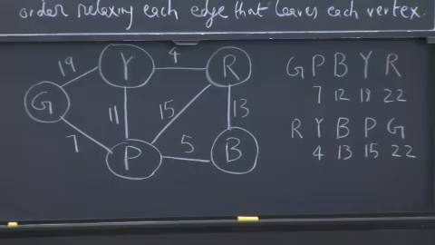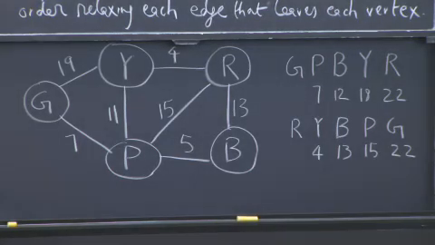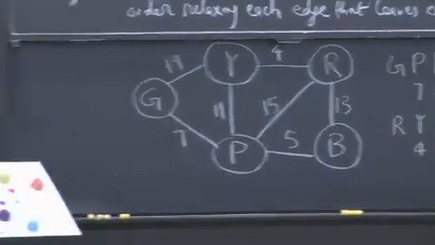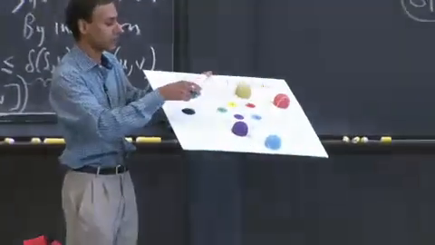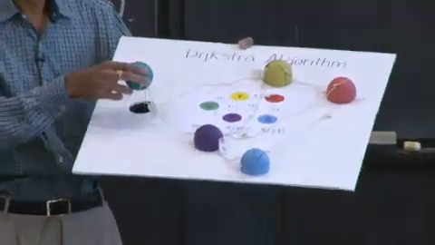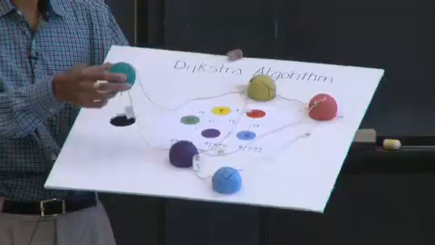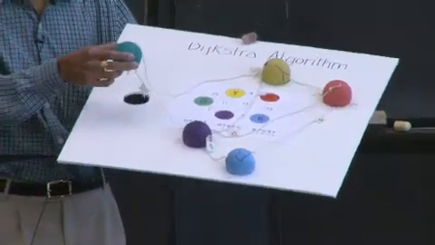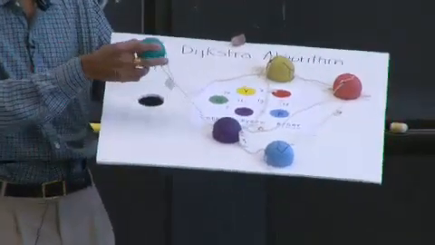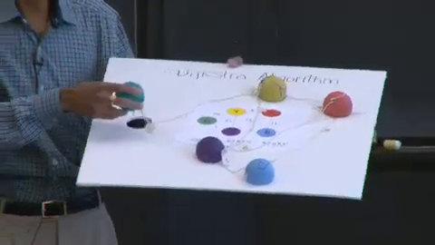And that's the closest node to G. And then the next closest node is the blue one, which is B, which is 12, 7 plus 5, and so on and so forth. And I haven't tried this out because this is a one-use demo. Once I put this up, the strings get so tangled up, it doesn't work anymore. So that's why I had to lug these over. This is not a computer reversible kind of thing.